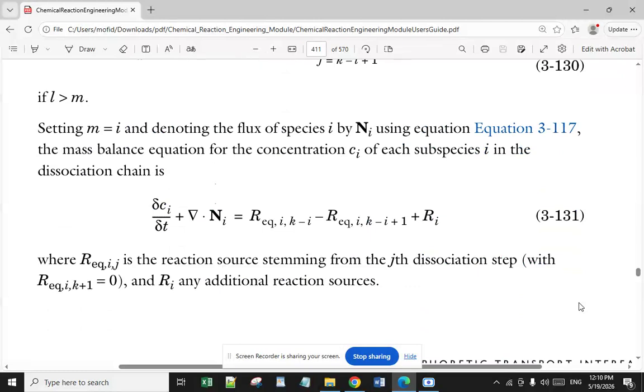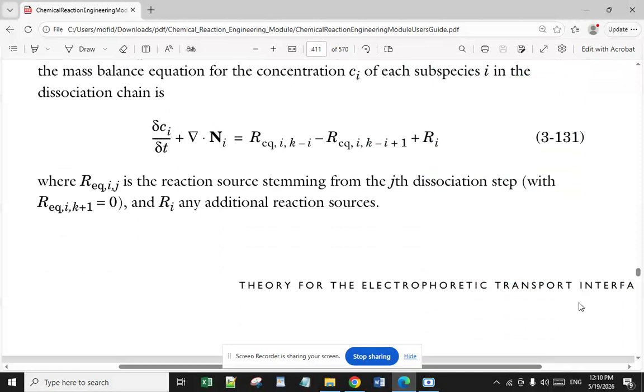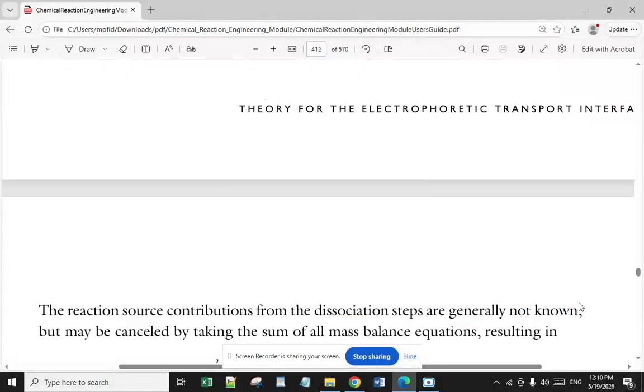Setting m equal to i and denoting the flux of species i by N_i using equation 3-117, the mass balance equation for the concentration c_i, which is subspecies i in the dissociation chain, is as follows, where R_equilibrium,ij is the reaction source stemming from the j-th dissociation step, which R_equilibrium,i,chi plus 1 is equal to 0, and R_i any additional reaction sources.